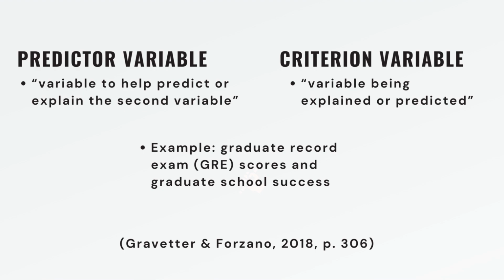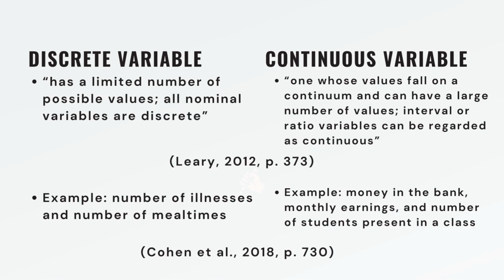An example from the authors is the relationship between graduate record exam scores and graduate school success. They explained that university admissions offices occasionally use the GRE scores to predict graduate school success. In this example, the scores are the predictor variable and graduate performance is the criterion variable.